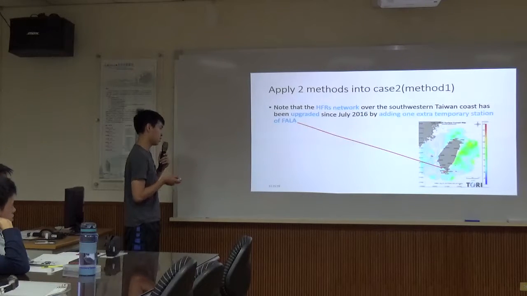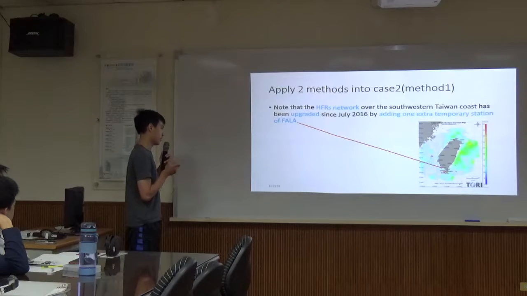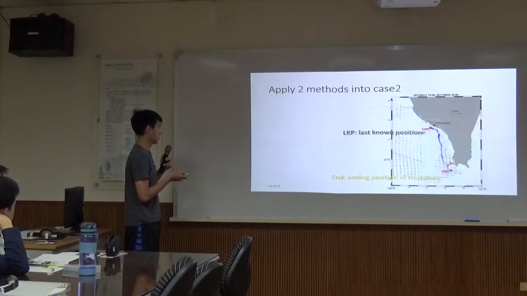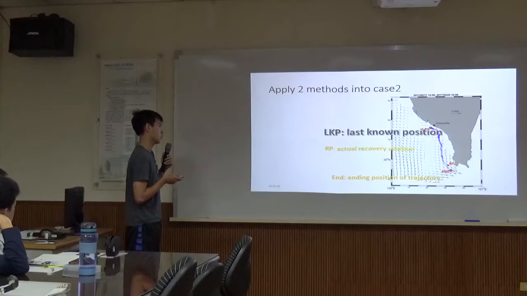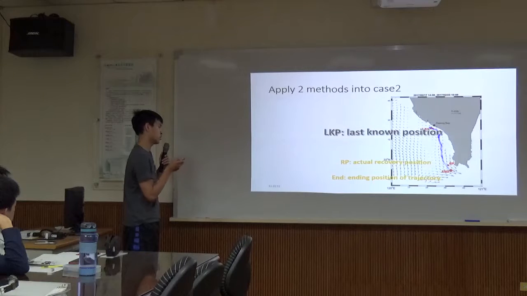If we don't have the ADCP, we will not have the precise data. This is the maximum position and the ending position of the trajectory, and the actual recovery position is here. It's a little different, but it's okay.